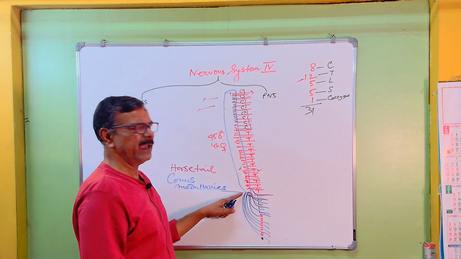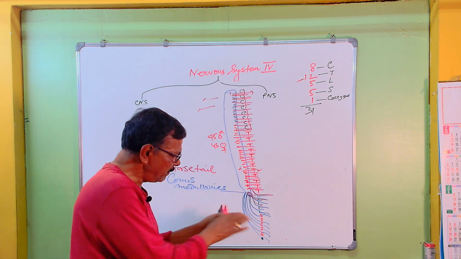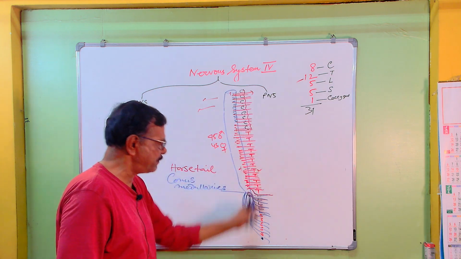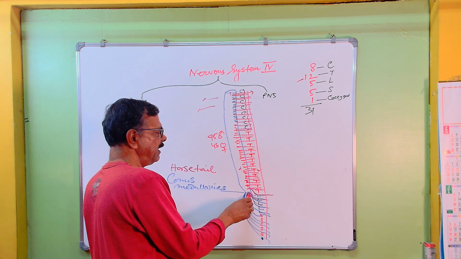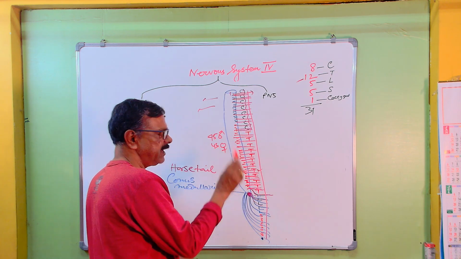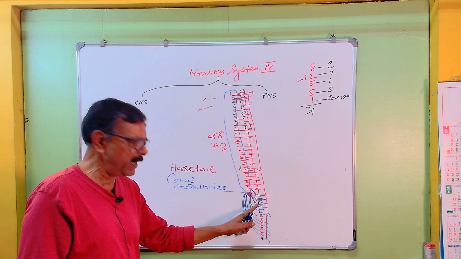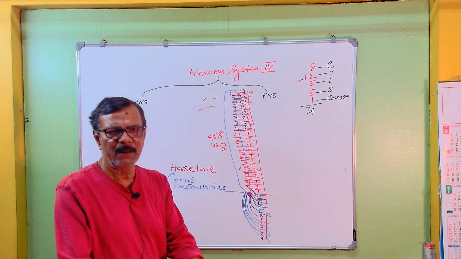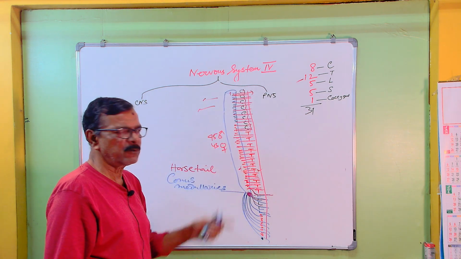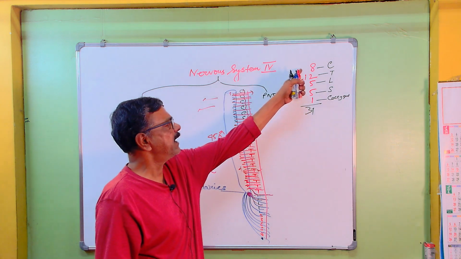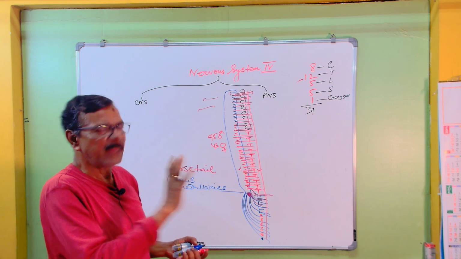So the cord ends here. But in the earlier, fetal stage, these almost correspond, but the vertebral column develops faster. There is rapid growth of this area, and the cord completes its growth here itself. So the later nerves, from lumbar 1 or lumbar 2, have longer roots as compared to the cervical and thoracic nerve roots.